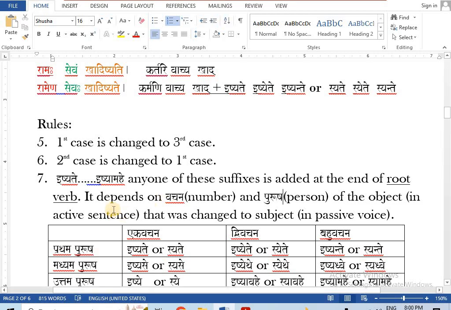Okay, so it depends on vachan, ekvachan, dvivachan, bahuvachan, or pratham purush, madhyam purush, uttam purush of the object in active voice, and that object that was converted later changed to subject. So that subject's vachan and purush, accordingly you choose out of these 9 any one suffix and add it with the root verb, and that form you write here.